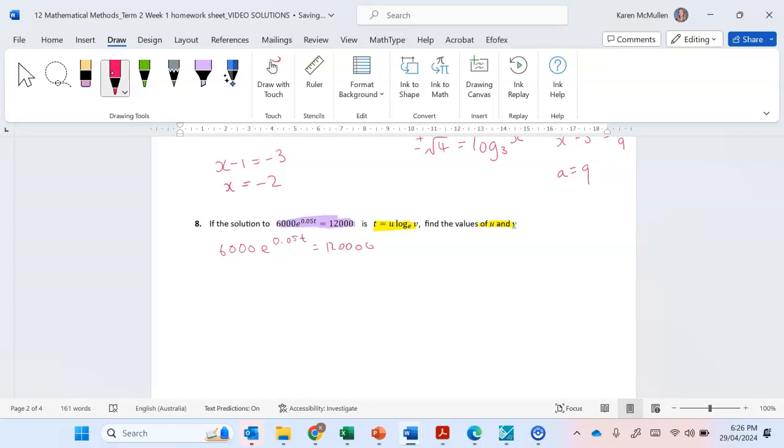We can simplify that. So if we divide both sides by 6,000, we get 2 equals e to the power of, oh my gosh. All right, so if we want to get rid of base e, we take log base e of both sides.